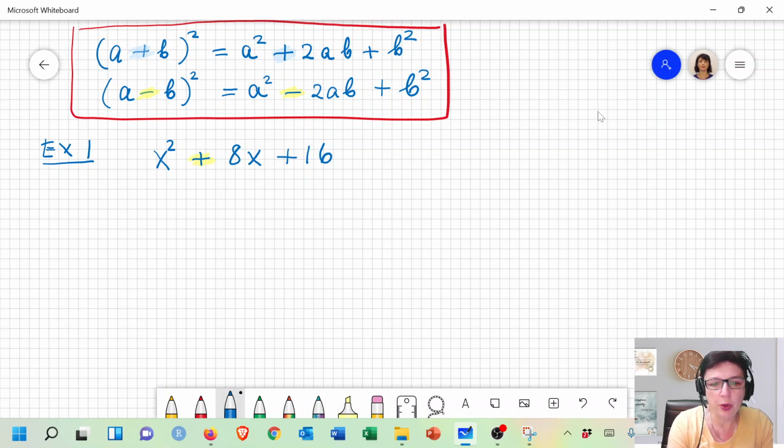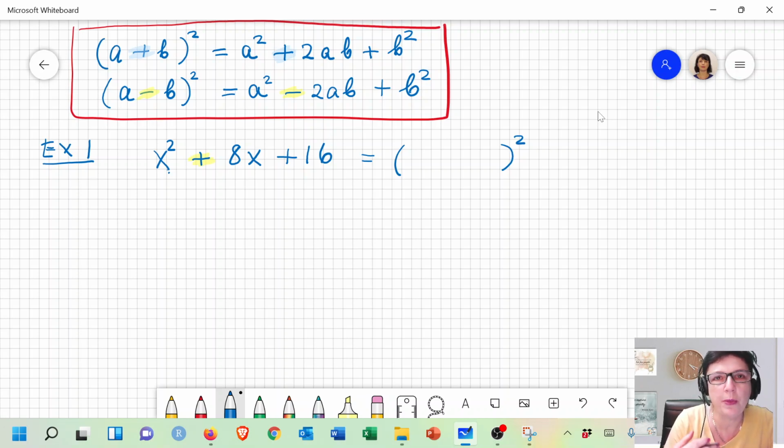But how do I know this is a perfect square and how do I factor it? First of all, when they say factor a perfect square trinomial, what that means is that it's going to be a square. So your answer is going to be a square of something. And what is going to be that something? Well, first of all, for the first term, you should think, what is this term a square of?